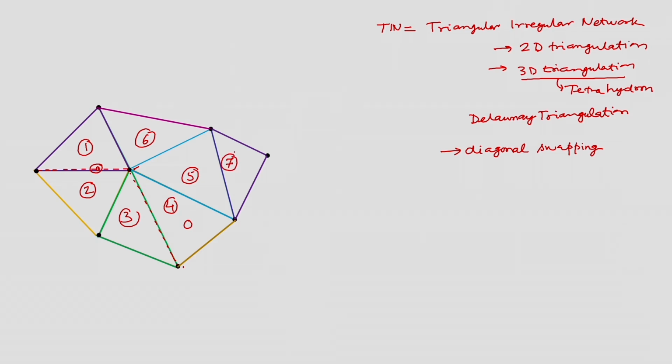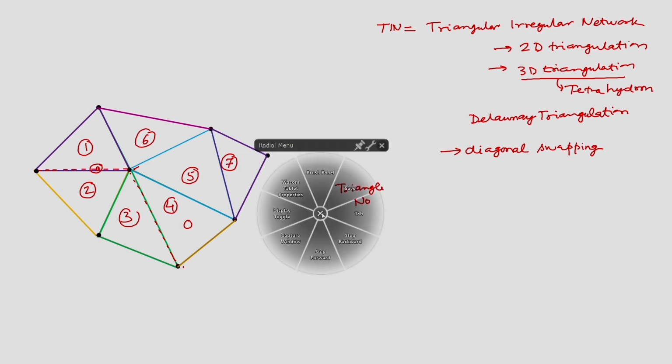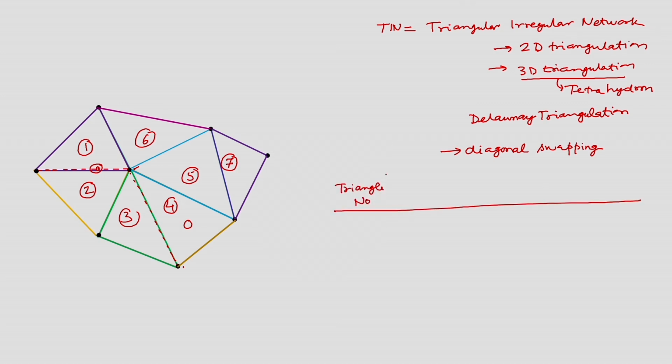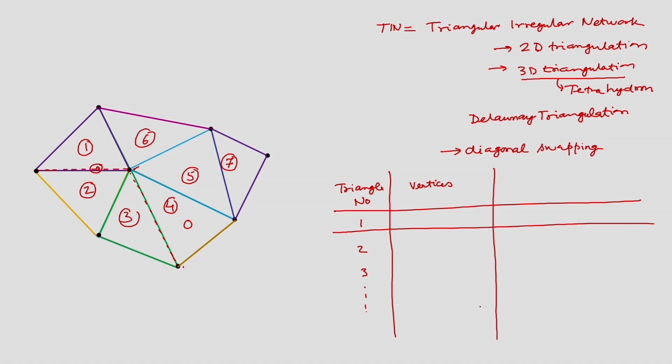So, how to store this data, or how does the triangular irregular network store the data? If I talk about the triangle, so this is the triangle number, put all the triangle numbers here, for example, let us say 1, 2, 3 and so on. Now, the next is vertices information. That means there are 3 vertices for each triangle.